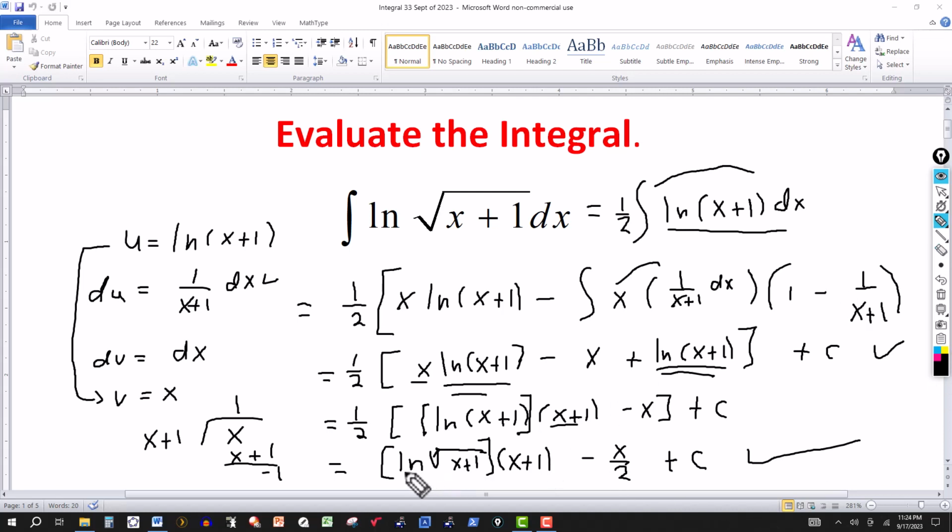So again, it's the natural log of the square root of x plus 1 multiplied by a factor of x plus 1, minus x over 2, plus the constant of integration. Okay, so this again is your more simplified answer, but this answer here is also accepted. At least I would accept it.